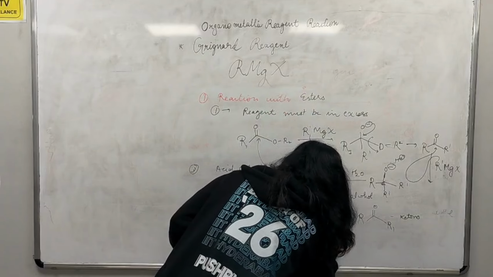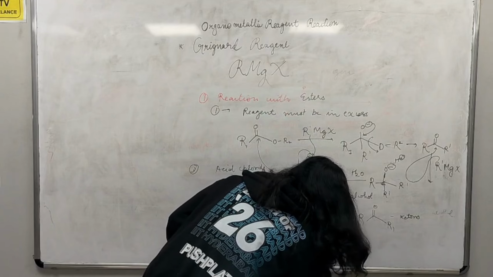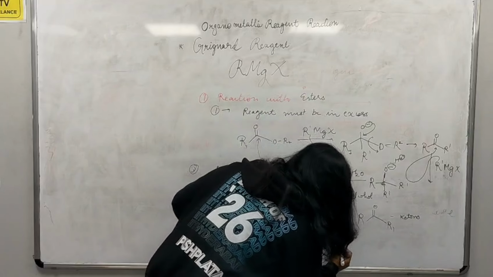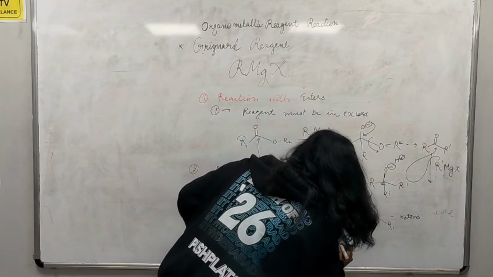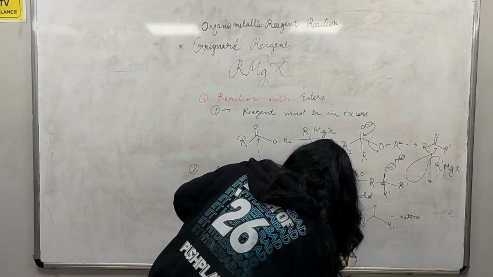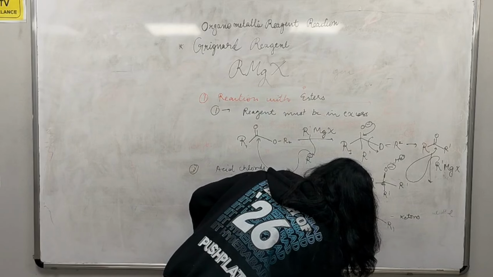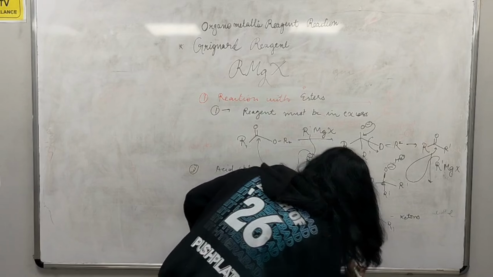This will have the O negative, and at this carbon position our R negative will come.